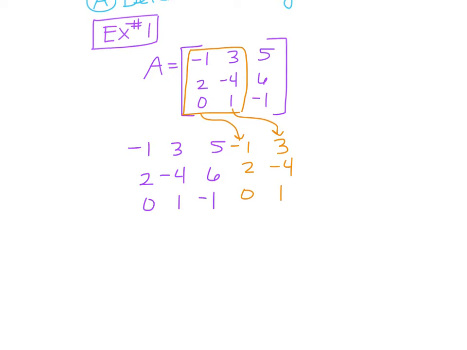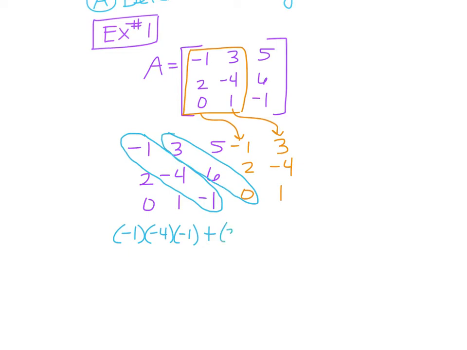And now it's pretty similar. It's not exactly the same, but very similar to what we did before. What you're going to be looking at are the diagonals. So starting at the top left, you are going to take these three, this first diagonal, and you're going to multiply them. -1 times -4 times -1, okay? And then we're going to add to that the product of the second diagonal.